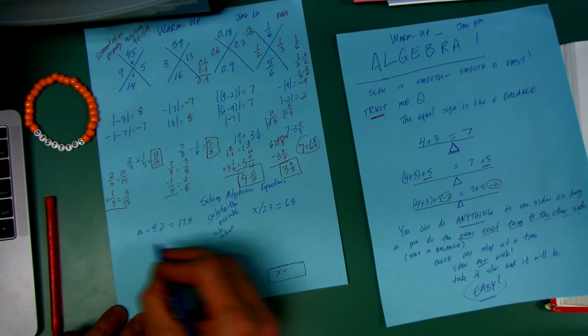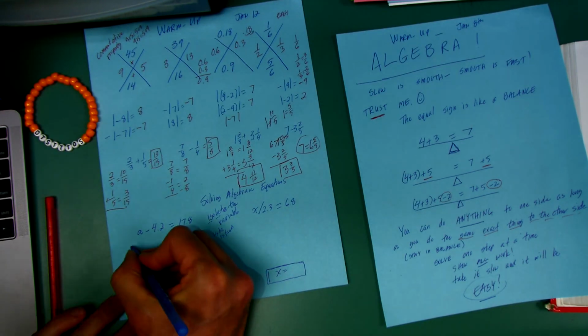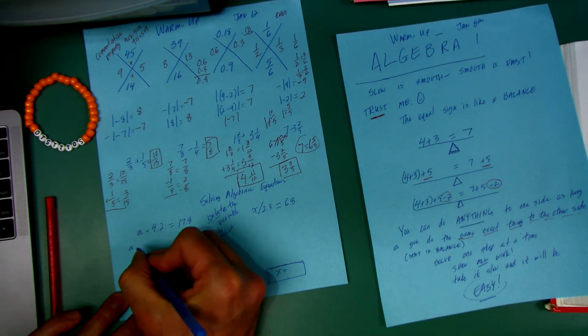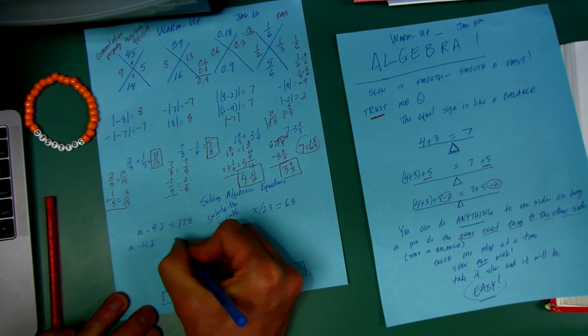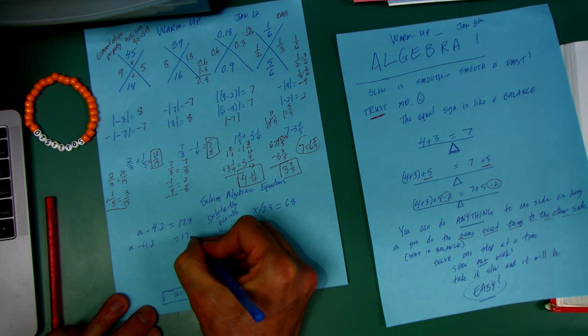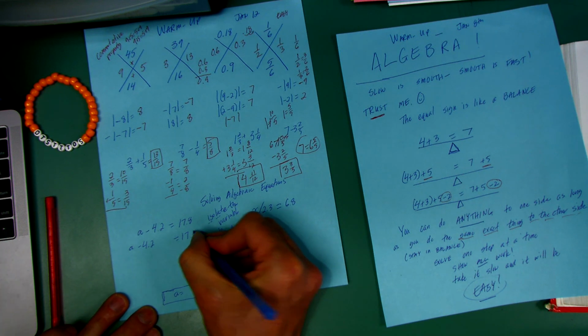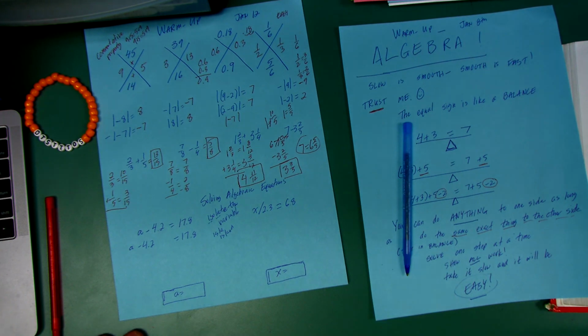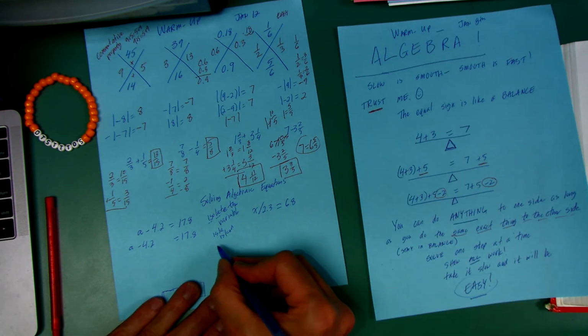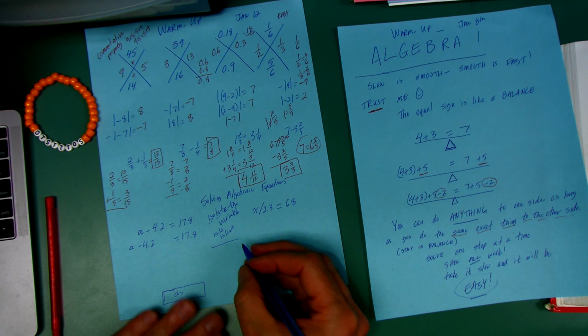Okay, so I know I want to get the A all by itself. Who does the A have to kick off the island so he can be all alone? Well, hopefully you said not just 4.2, but what? What else is there? Minus 4.2, right?